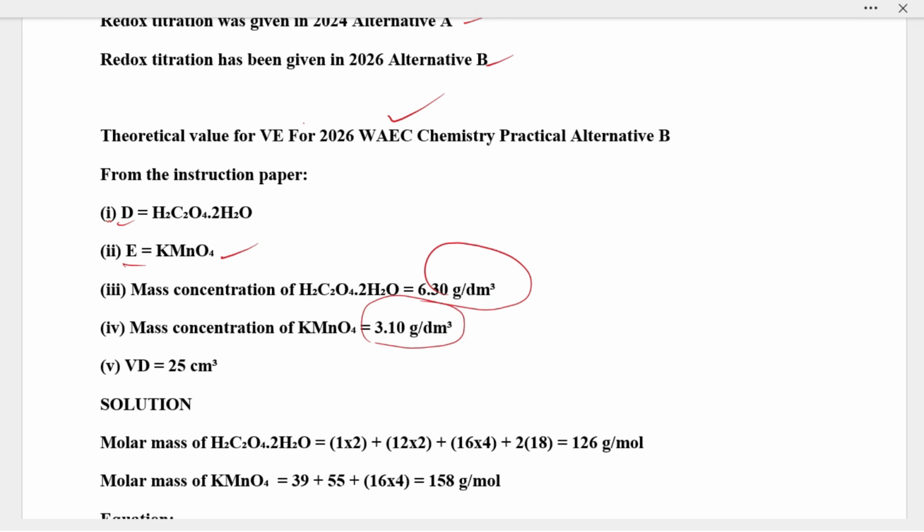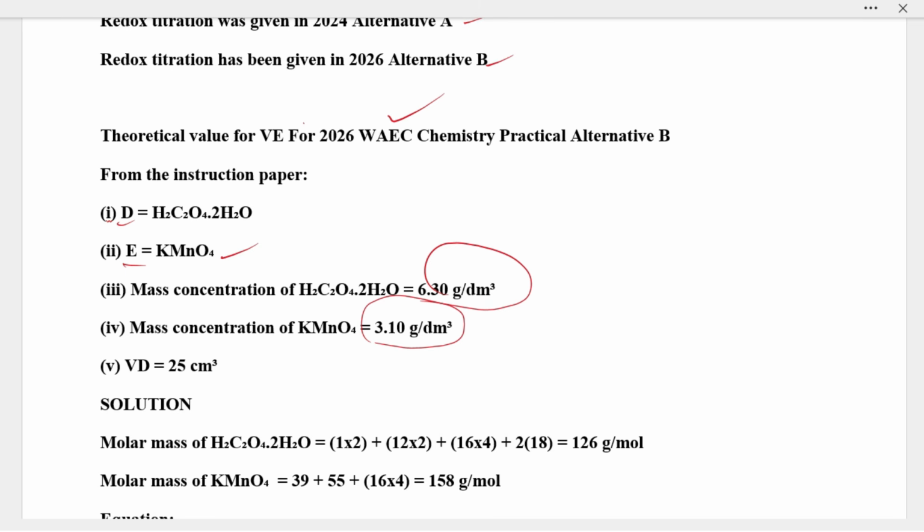Now look at it. Originally, we normally have our acid in the burette and our base in the pipette, which we are going to titrate. But there's a little twist in this particular practical. So your D is your oxalic acid, while your E is your KMnO4. So when you are labeling it, know what you are doing.